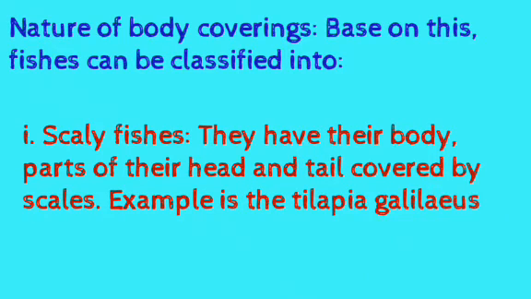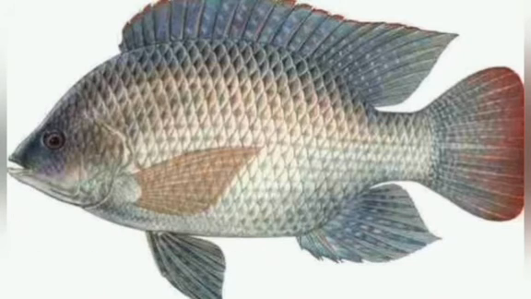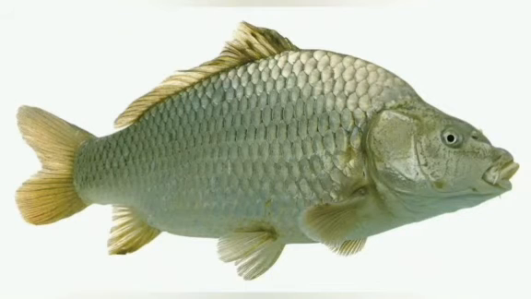That is the protective covering that is sometimes colorless or sometimes colorful. Example is the tilapia. The tilapia has scales all over its body. These scales serve a protective function. At the same time, they help to reduce water resistance during locomotion.